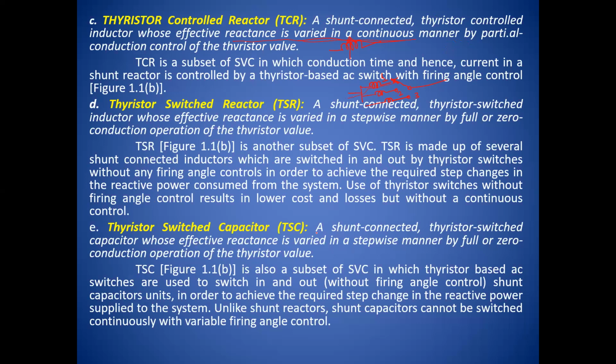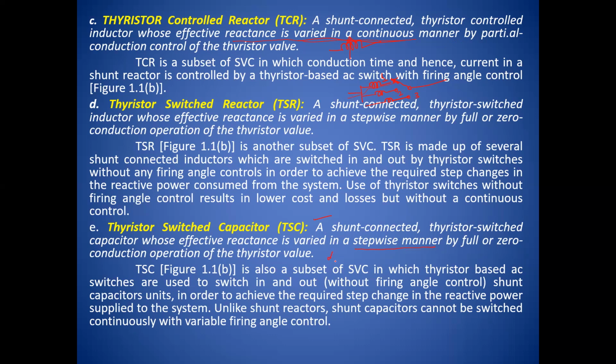So what is the thyristor switched capacitor? A shunt connected thyristor switched capacitor whose effective reactance is varied in step manner. Here the capacitor value is obtained in steps by full or zero conduction operation of the thyristor valves. Whatever thyristor valves or SCRs are there, either they conduct fully, meaning the firing angle is equal to 0, or the firing angle is equal to 180 degrees.